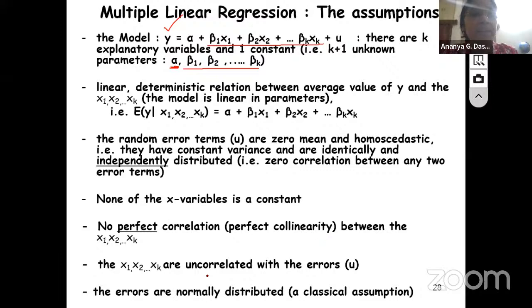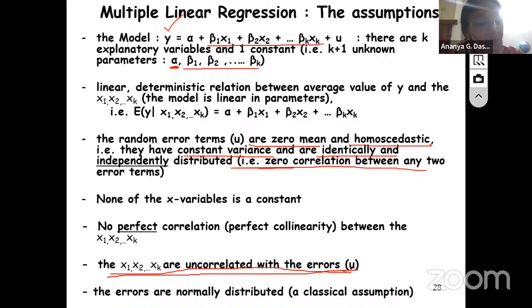In a multiple regression model, there are k plus 1 unknown parameters compared to only 2 for the two variable model. Again, you're assuming that the errors are zero mean, homoscedastic with constant variance, identically and independently distributed, with zero correlation between the error terms, and that the errors are uncorrelated with the x's.